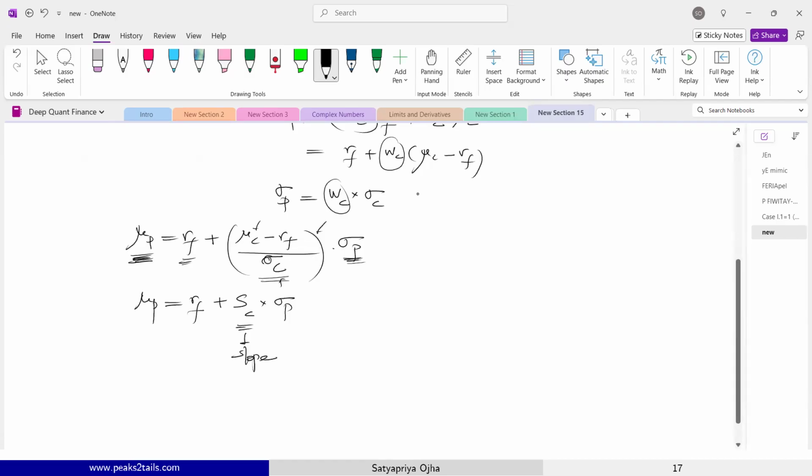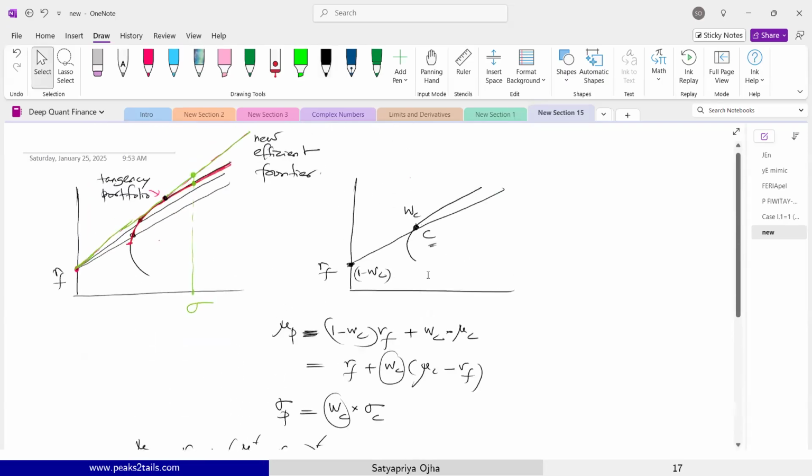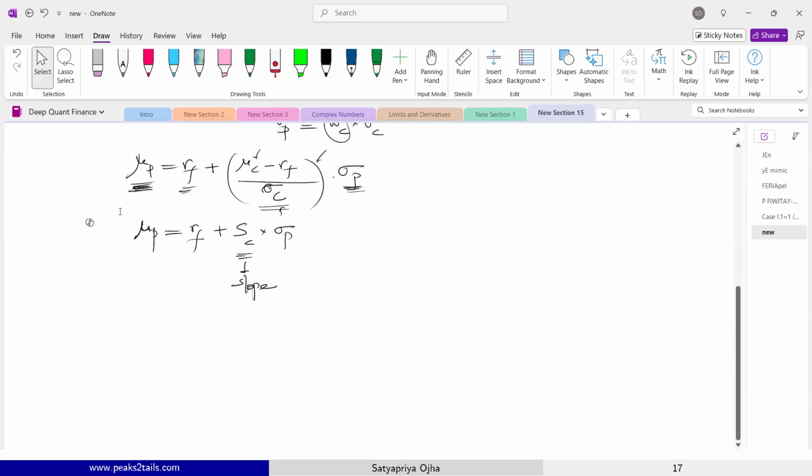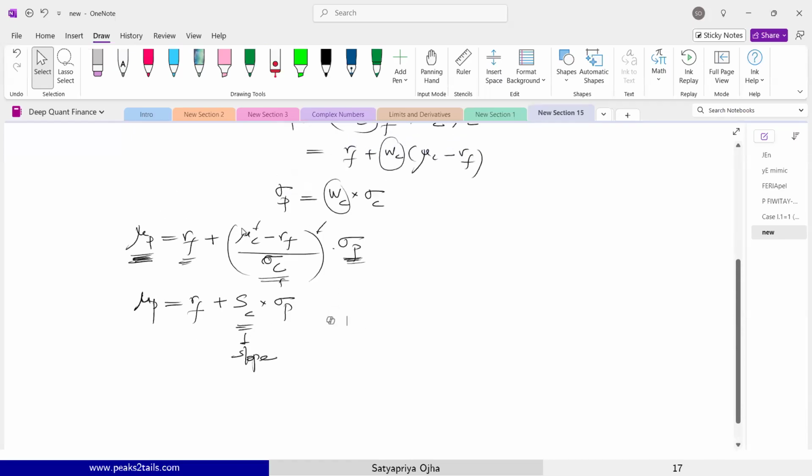So here is the thing. Whatever C you choose, C can be anywhere on the hyperbola. The resulting portfolio will have a risk return equation, something like this. RF you cannot change. It's the return of the risk-free asset that is given. What you can choose is C, which is the risky portfolio that I want to combine with the risk-free asset, correct?